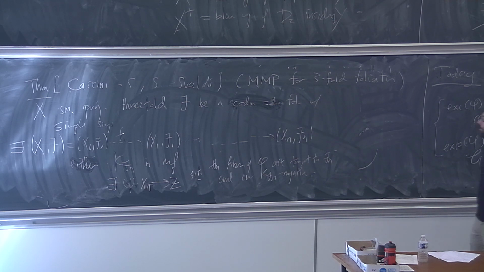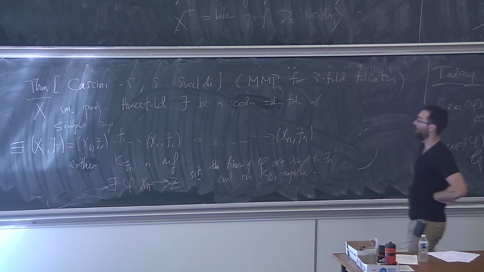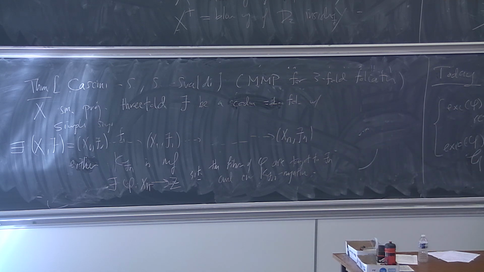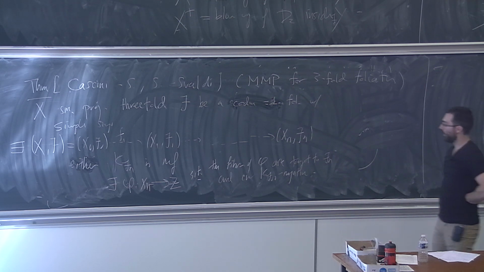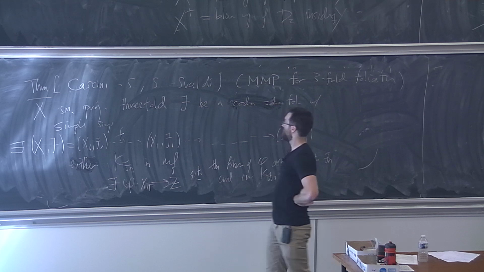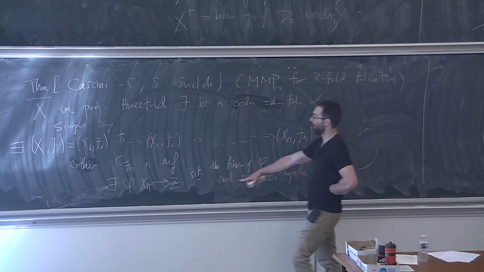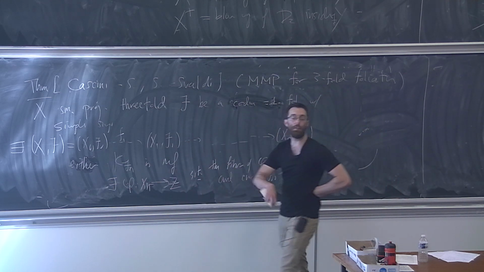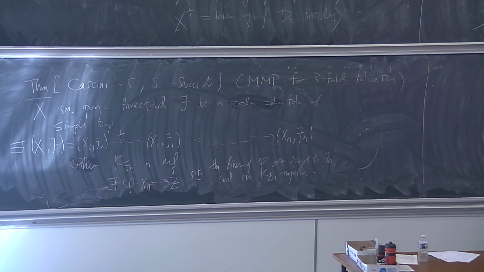So I want to give a quick proof sketch of how we prove this, by pointing to this picture and waving my hands a lot. If we end up in the Mori fiber space situation, then through every point of X there is a rational curve passing through it which is tangent to the foliation.